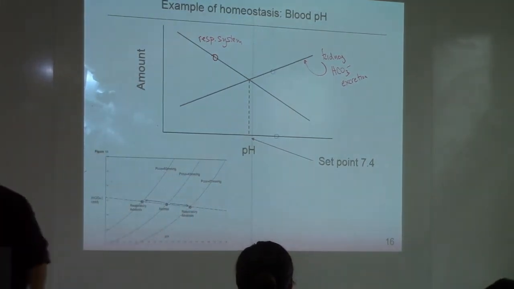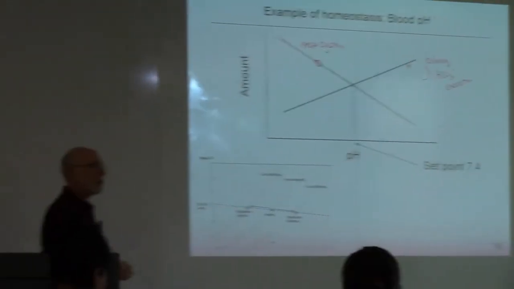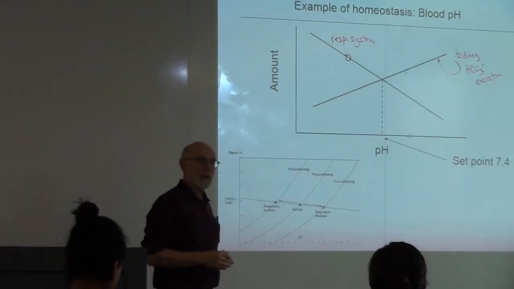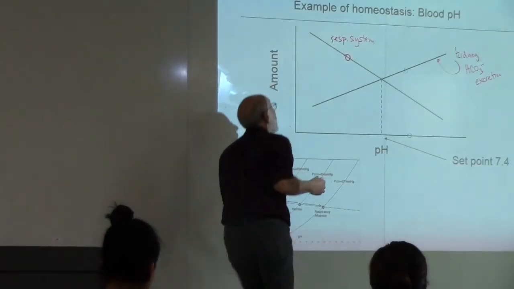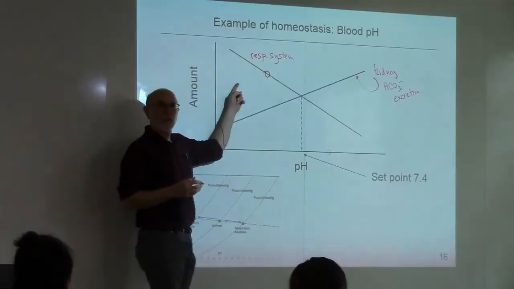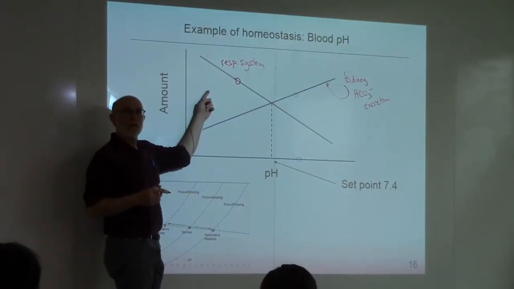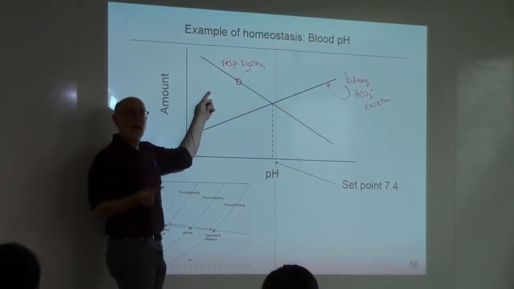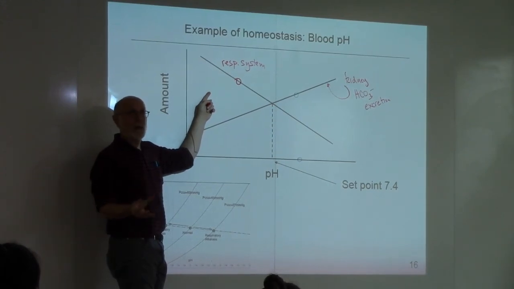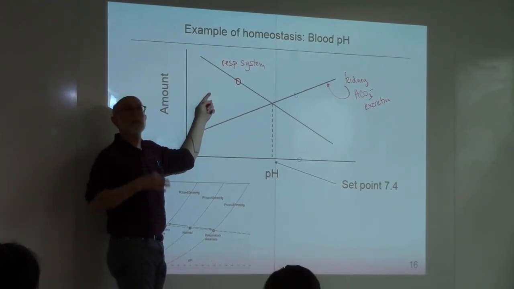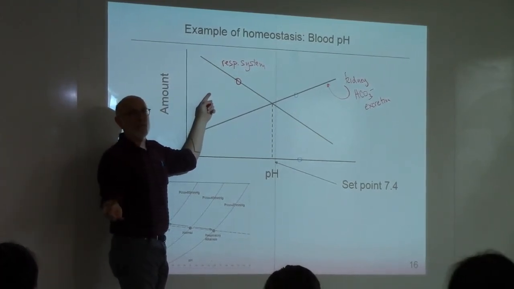Sometimes I get confused myself. If we have increased acid, what are we trying to do here with the respiratory system? Are we trying to retain carbon dioxide or exhale carbon dioxide? We're trying to get rid of more carbon dioxide. What does the lung do to get rid of more carbon dioxide? Increased ventilation.